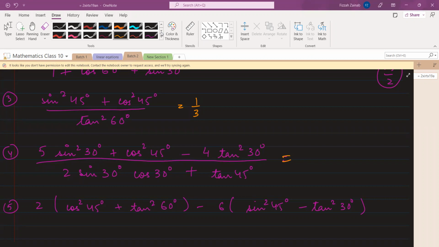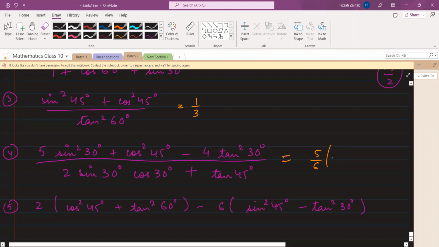Ma'am, can you solve it? Yes, Rida, have you solved the fourth question? No, ma'am, I got 5 by 6 root 3 plus 2. No, 2 minus root 3.